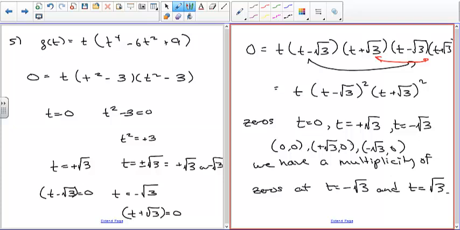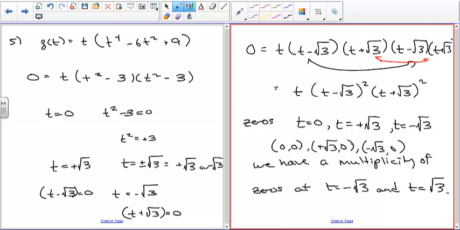So that's the key thing here, is you find the zeros by factoring. If there are multiple factors that are identical, then you have multiplicities of zeros. And later on we'll find out that that is really critical for seeing what's happening with the function. If you don't have a multiplicity of zeros, then if you just have one zero, like here we have at t equals 0, the function intersects the x-axis.